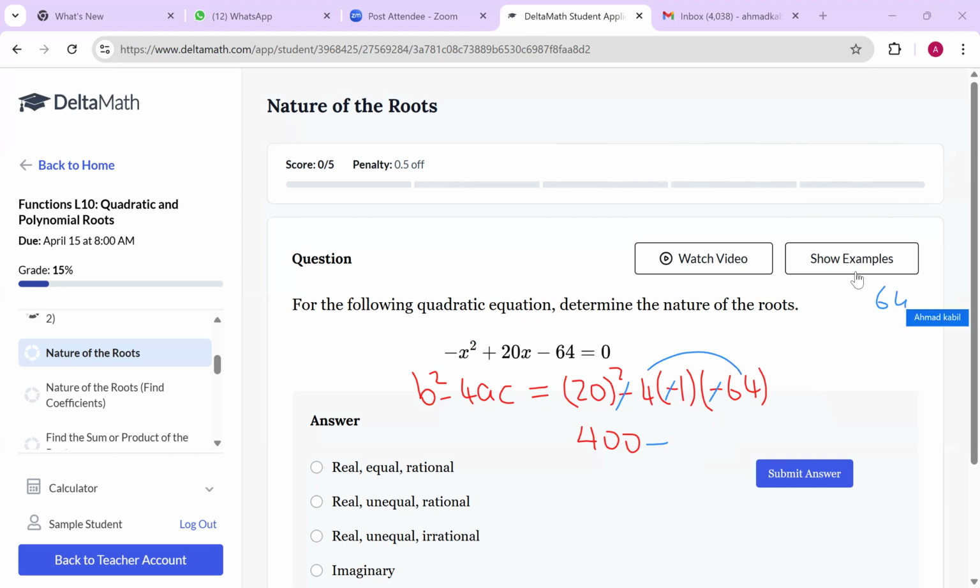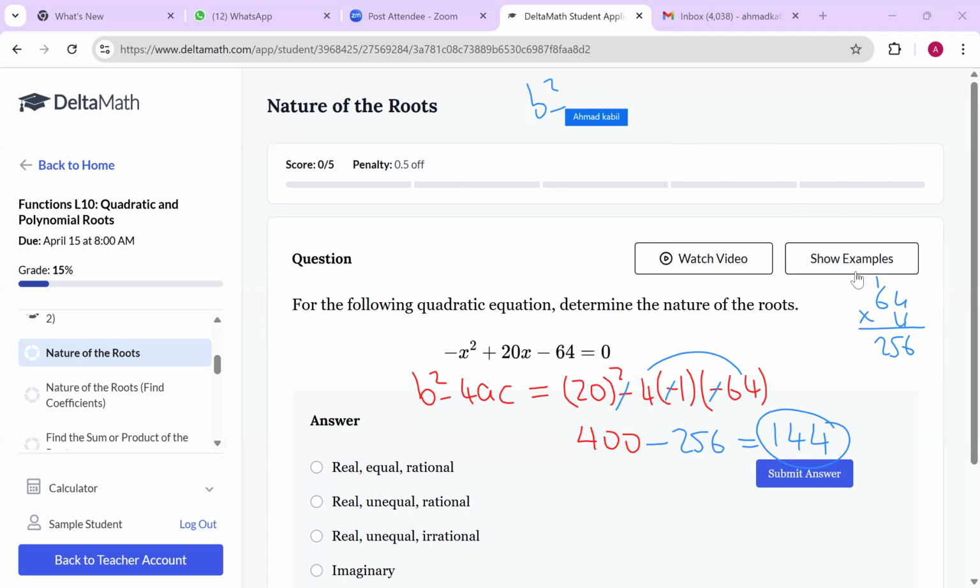So 64 times 4, 4 times 4 is 16, 24 plus 1, 25. So 400 minus 256, which is 144. So the value of the discriminant is 144. So this is positive.